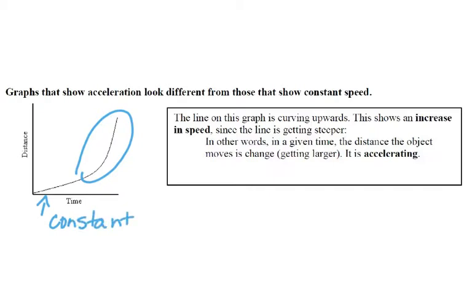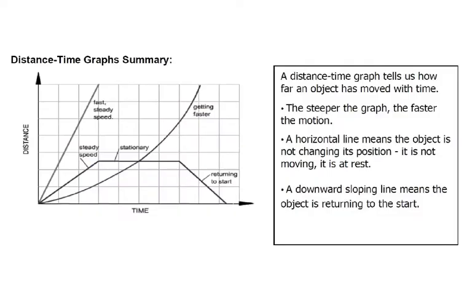But when it starts to curve, that's going to be our acceleration. Here it's kind of slowly going up, which means the acceleration is slower. When the line gets really steep like this, we know it's accelerating at a higher rate.